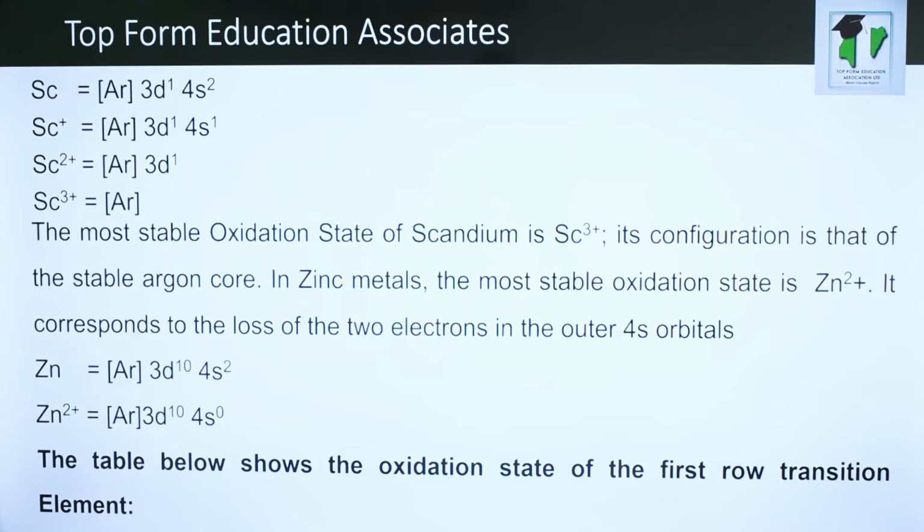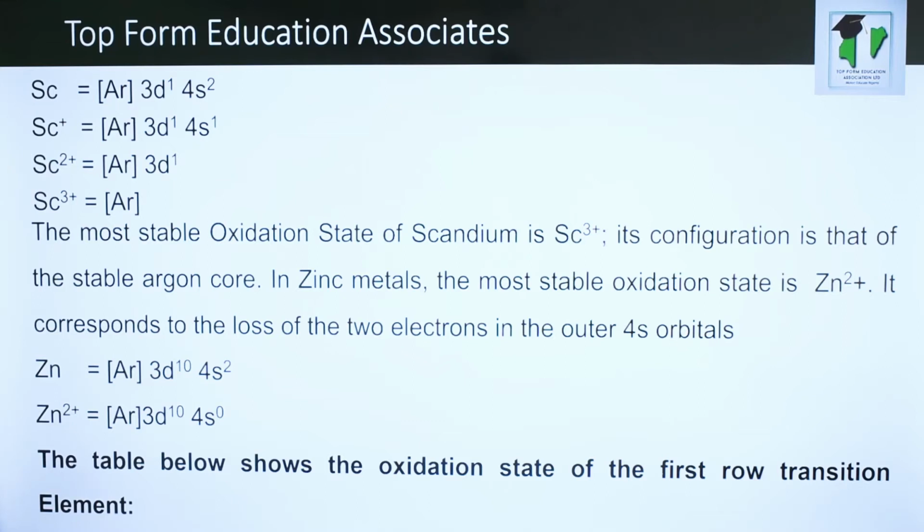Whenever an atom donates an electron, it will become charged. So the number of charges on that atom indicates the number of electrons it has lost. If an atom lost one electron, it will have one positive charge, just as it is here. You can see that its electron count has reduced by 1, and that's why instead of 4s2 here, we have 4s1.